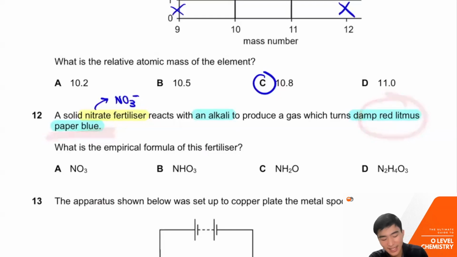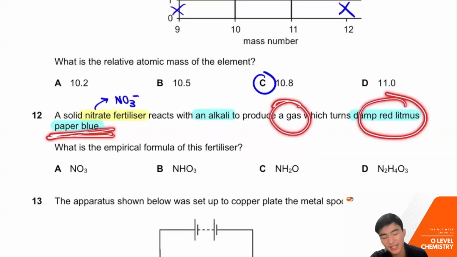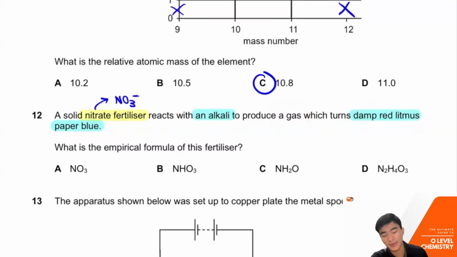What is the identity of this gas? When they say gas which turns damp red litmus paper blue, there's only one that we study. Okay, Melissa, you're right. It's an alkali, but what alkali? Good, fantastic. So in this case, we are looking at ammonia gas.